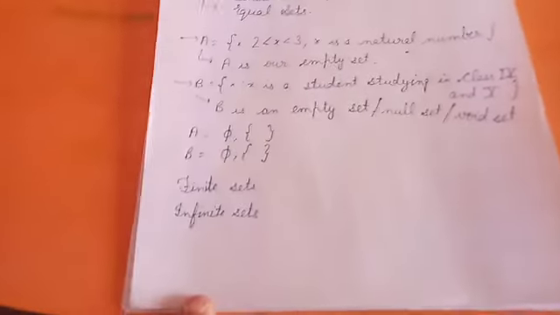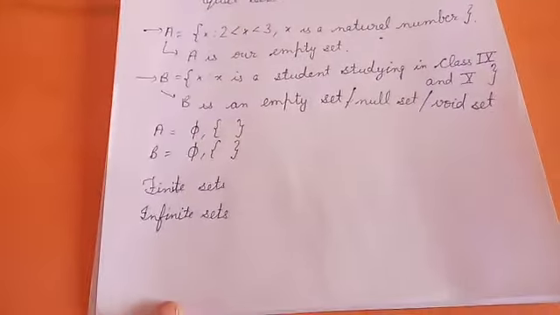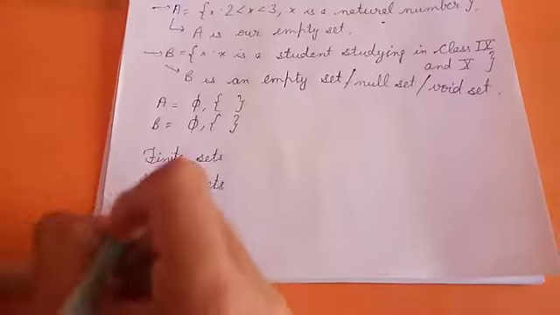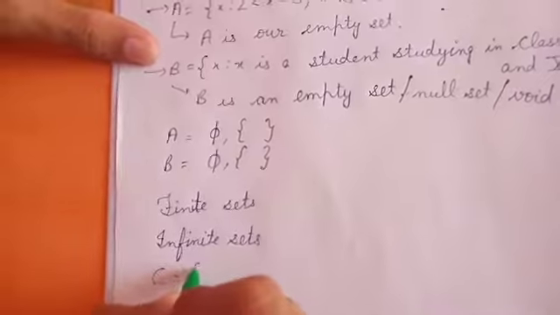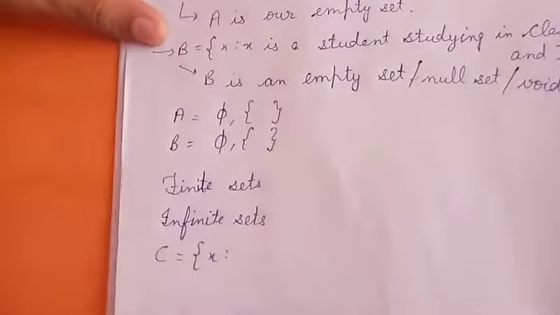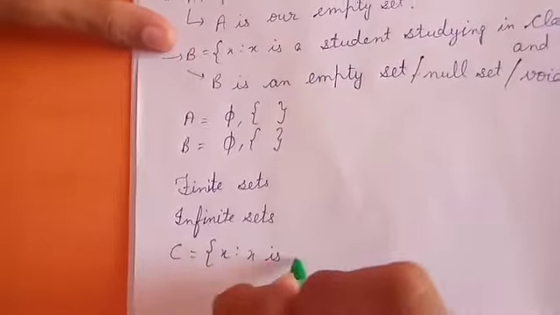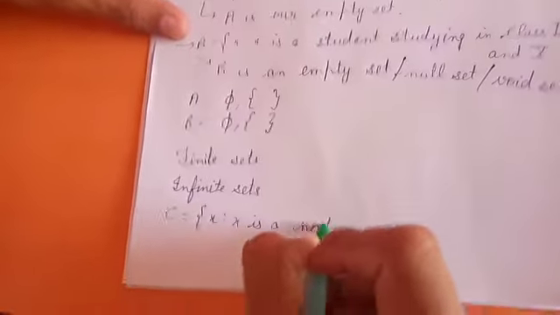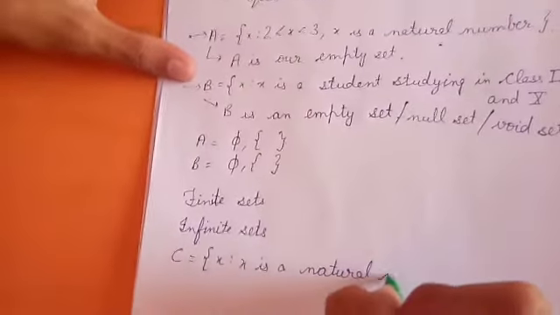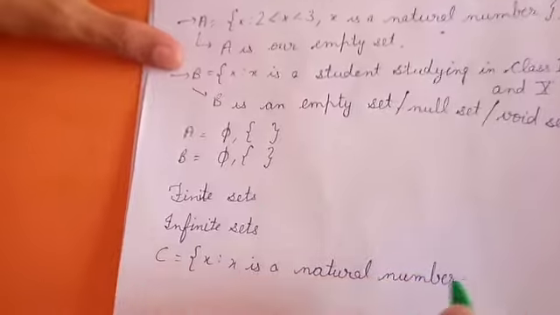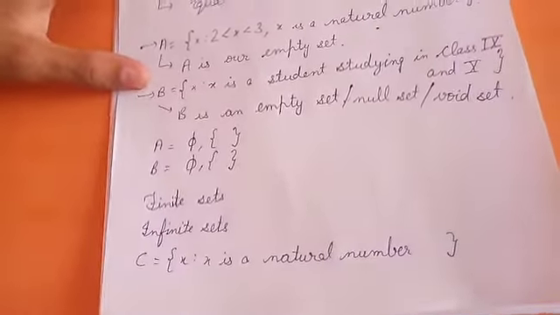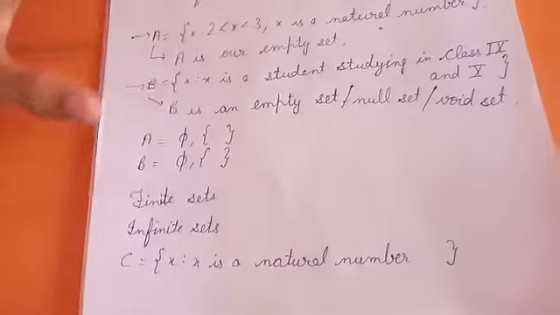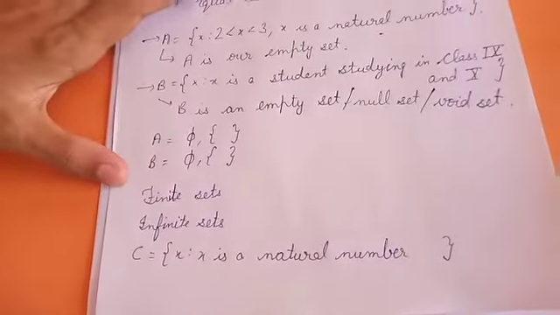Now let us take an example. Suppose C is a set where x is a natural number. If you write it in roster form, how will you write it?